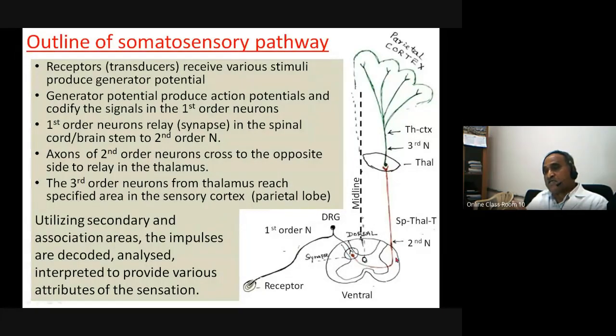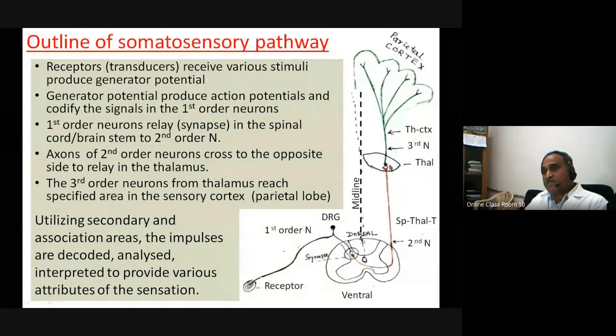If it crosses at the segmental level, it goes to the opposite side and ascends up to the thalamus. So that means we have second order neurons which are coming from the spinal cord or the medulla to the thalamus. This is the spinothalamic tract.